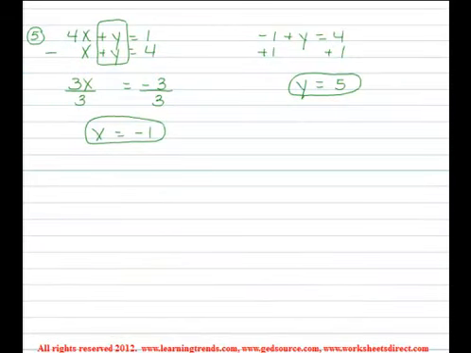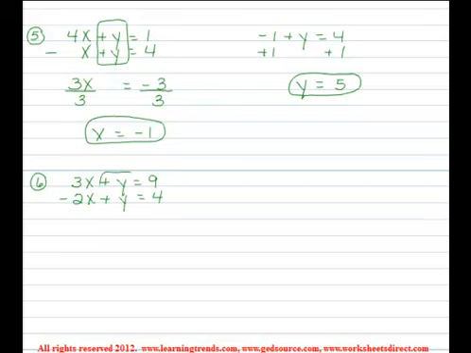We're going to look at one more problem similar to number 5, where you will see that both equations have a positive y. Our first one is 3x plus y equals 9. Our second equation is negative 2x plus y equals 4.